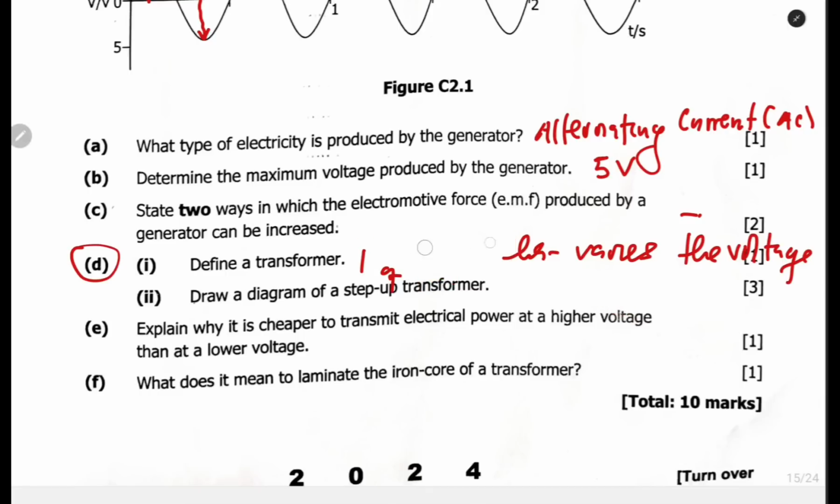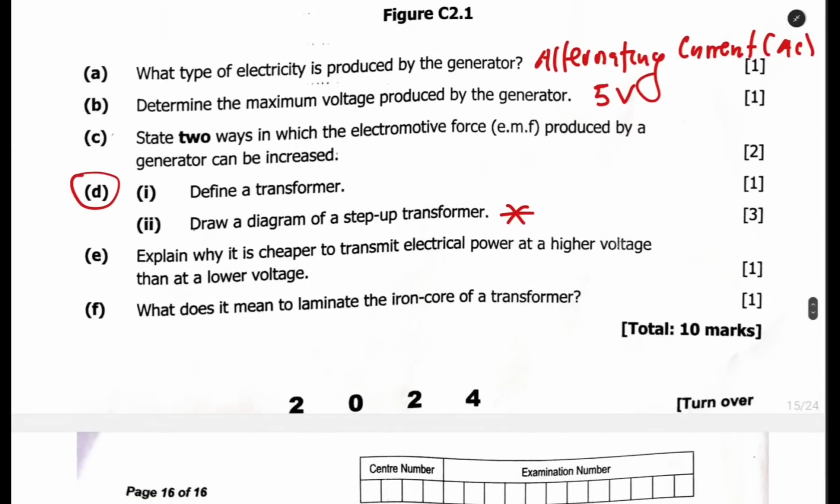Then I'm going to remove this because the other question is draw a diagram of a step-up transformer. So how do you draw the diagram of a step-up transformer? Due to space, I'll leave this question to you to answer.